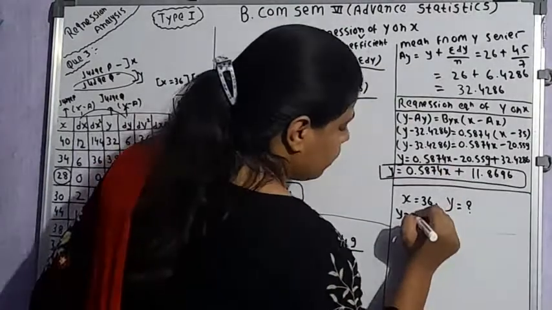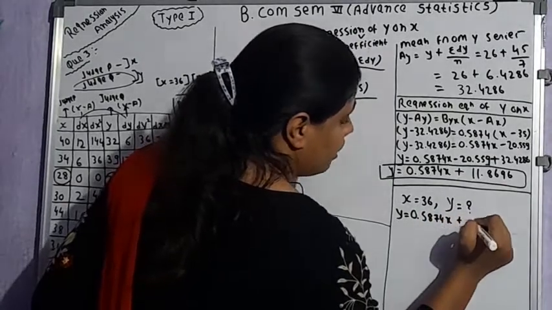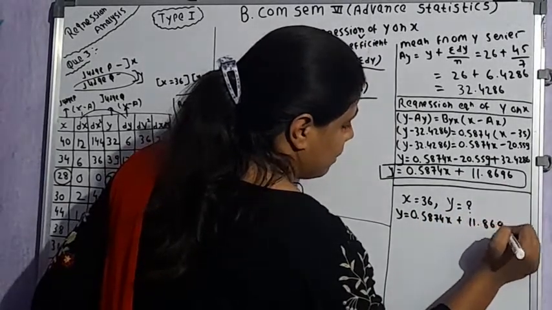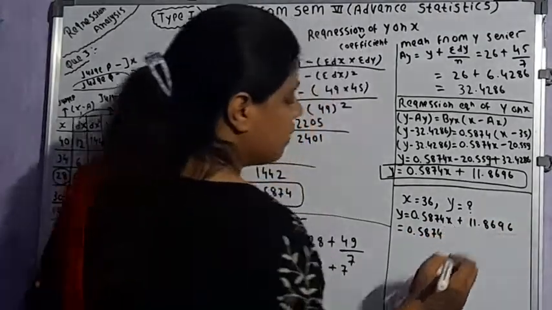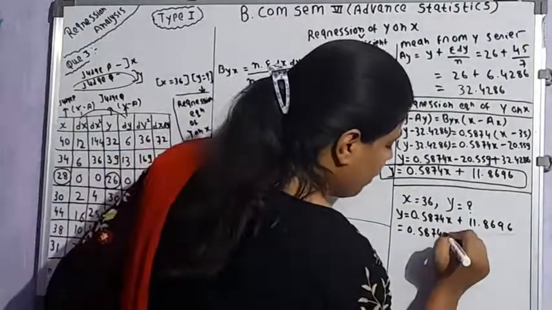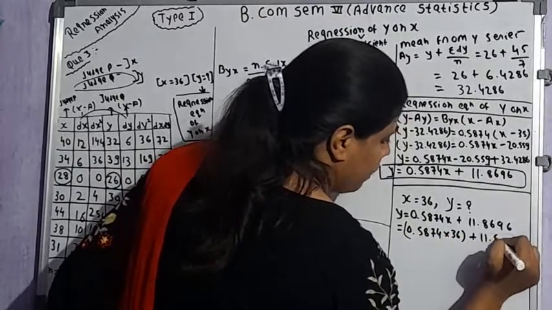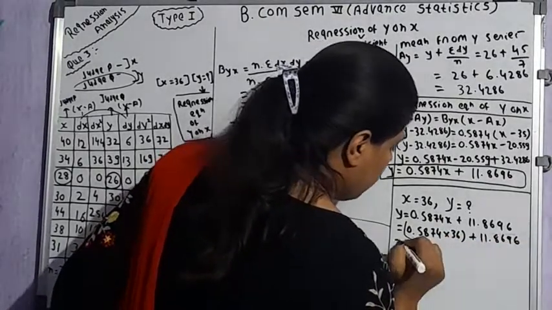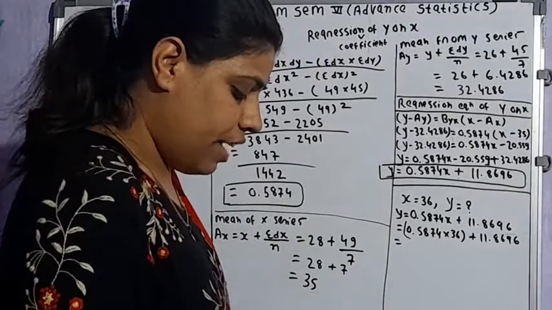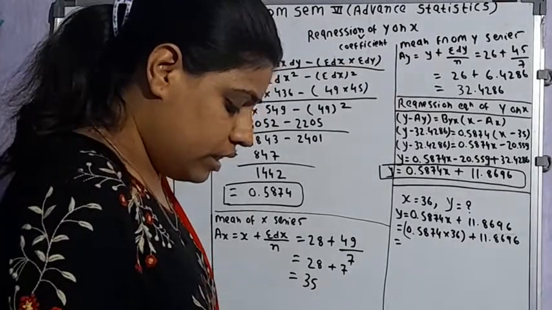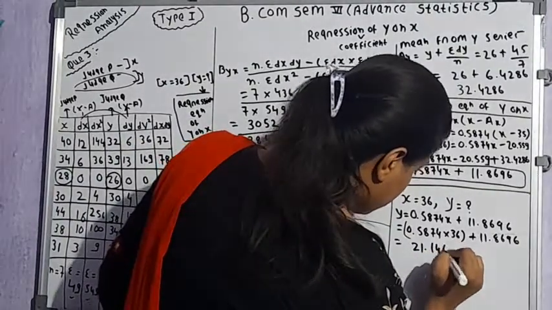So what is the equation? Y equals 0.5874x plus 11.8696. What is the value of x? 36. So we write 36 in place of x. Then plus 11.8696. 0.5874 into 36 comes to 21.1464.